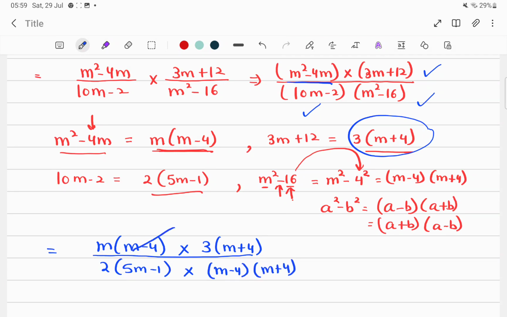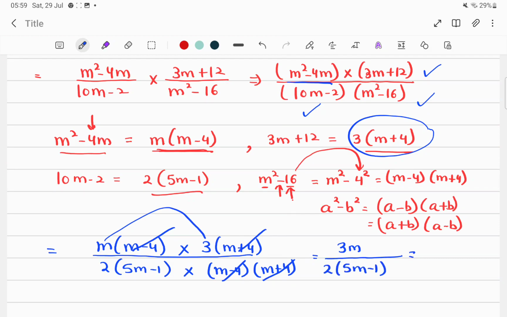You can see m minus 4 got cancelled, m plus 4 got cancelled. So we are left with m times 3, which is 3m, divided by 2 times 5m minus 1.